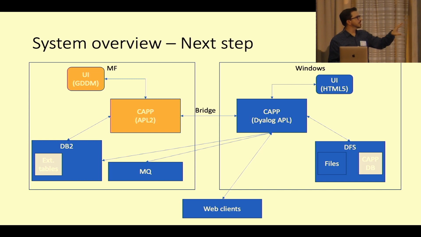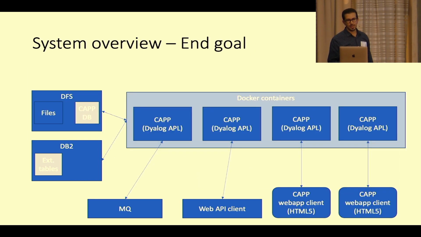But everything that is CAP related, all the data files that are owned and managed by the CAP system, we want to shift them out of mainframe and redirect the users to go through our Dyalog version rather than the mainframe. And those boxes in yellow would remain there, for comparison, or just while migrating people over. So we'll use the bridge to synchronize the systems or access the files from both ends.